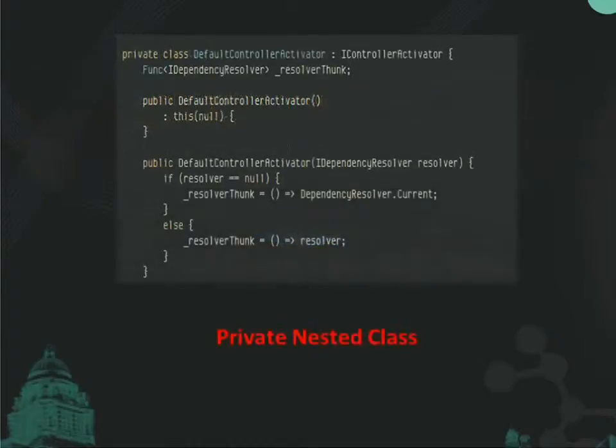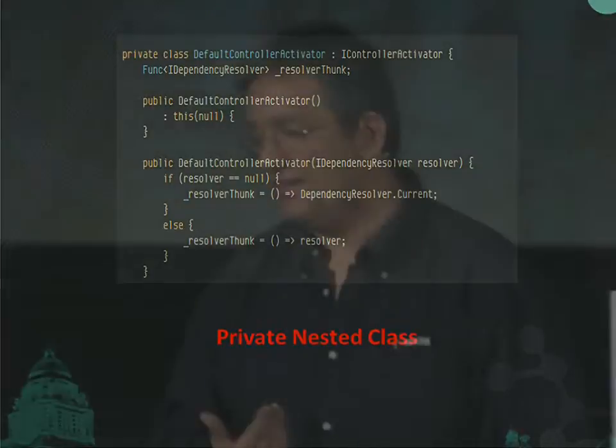Now, in MVC 3, they've implemented a new interface called IControllerActivator. The problem with the IControllerFactory was this: what is a factory? A factory is a pattern to create objects. The factory knows how to create an object. But MVC 2 was doing a little bit more than just creating objects.